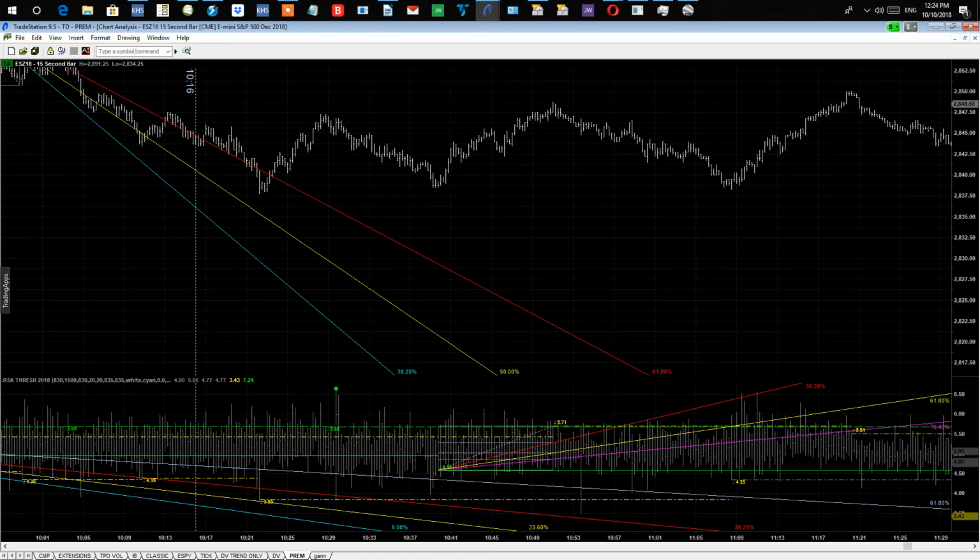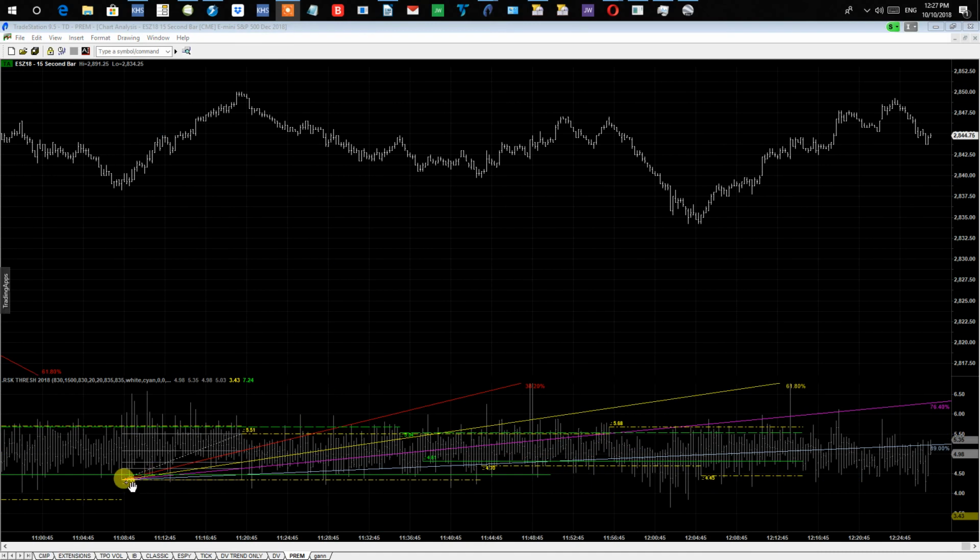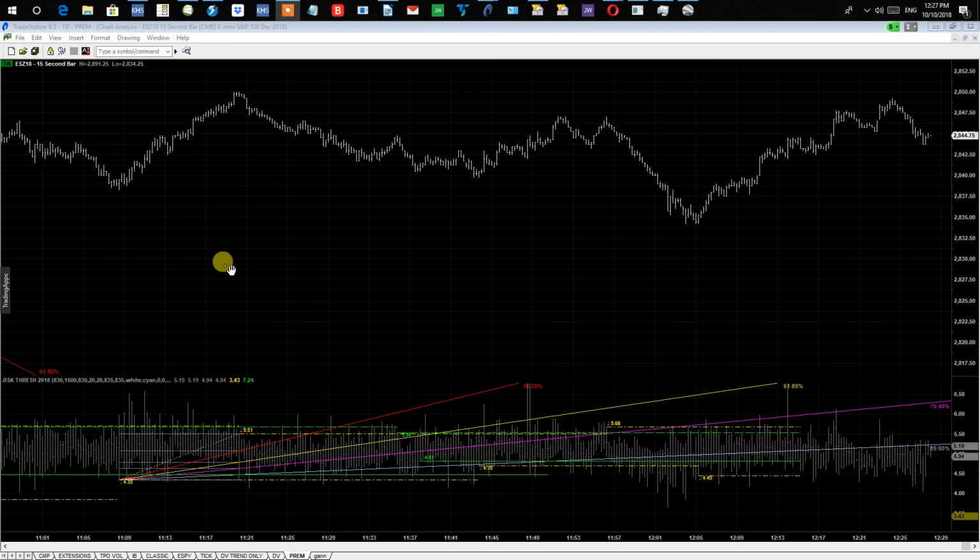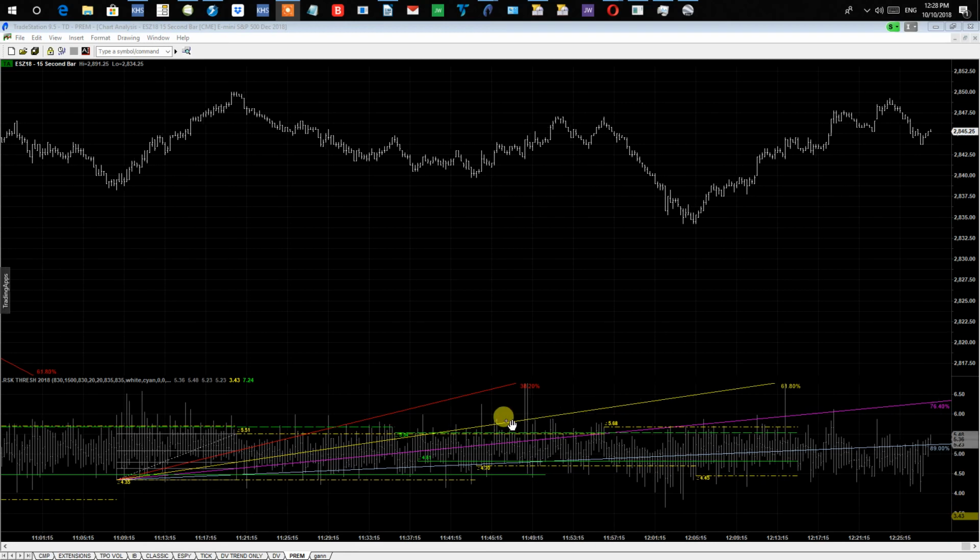So we reset again from here to here, to see if we can pick our next highs. And what do we see? We've got too big of a spread here, so we'll look at our 61.8 line.